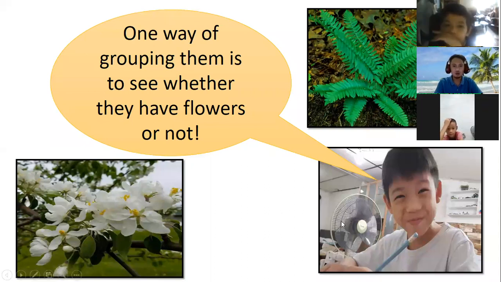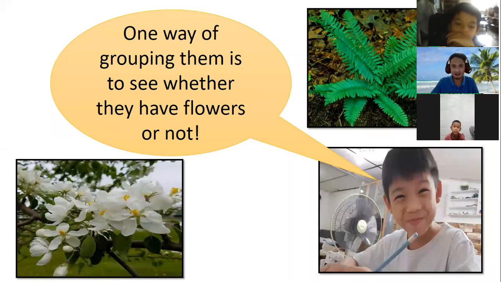Here. One way of grouping them is to see whether they have flowers or not. Meaning, the scientists classify them into two. The same with animals, there is a backbone and no backbone. The same with the plants.